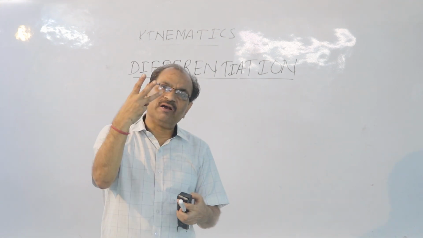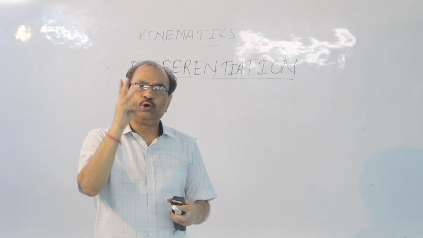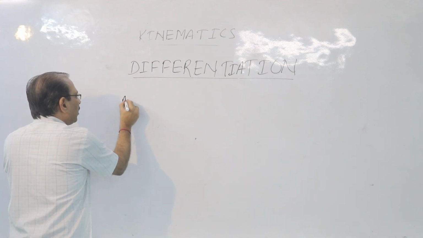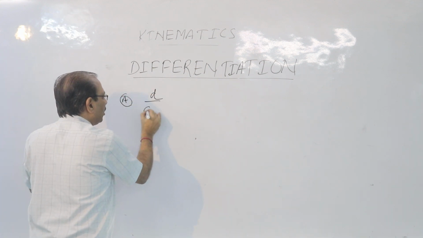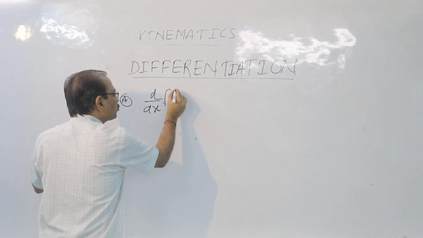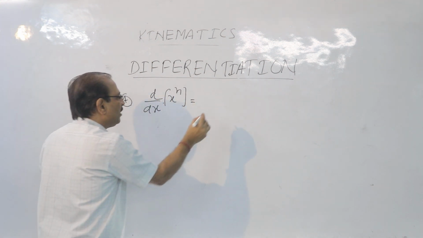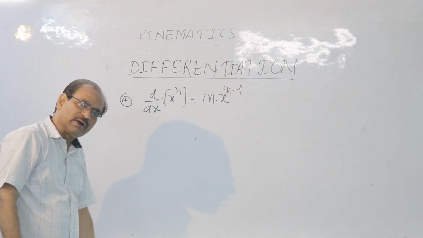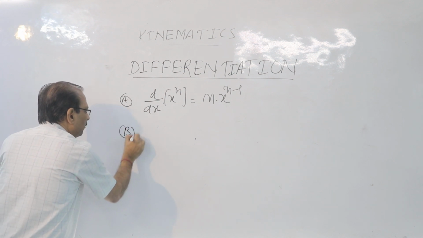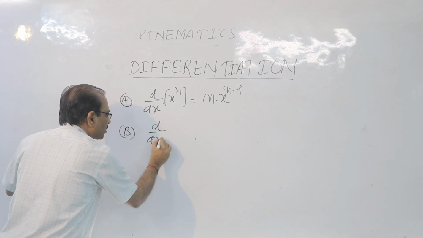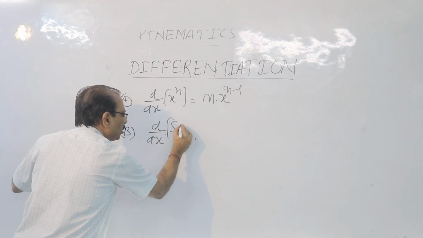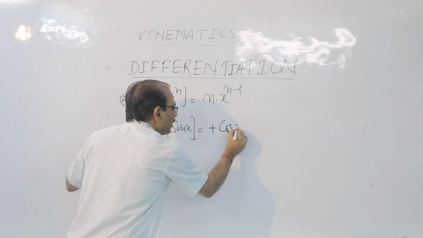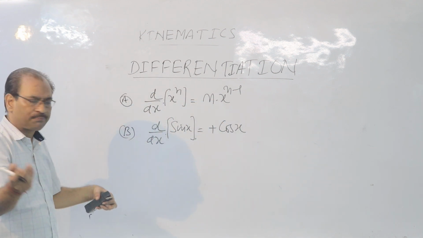Children, 3 basic formulae for differentiation you need to remember forever. Formula number A, d upon dx of x to the power n will always be equal to nx to the power n minus 1. Number B, d upon dx of the trigonometric function sin x is always equal to plus cos x, or simply cos x.